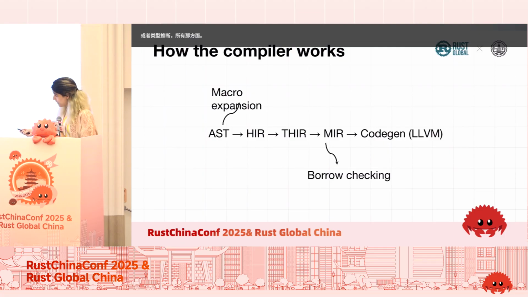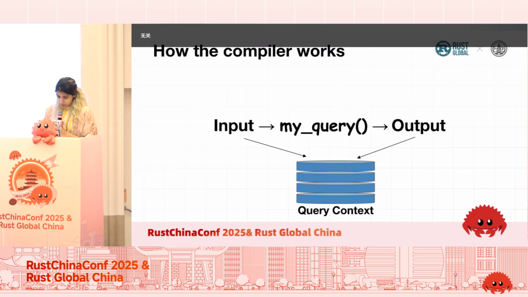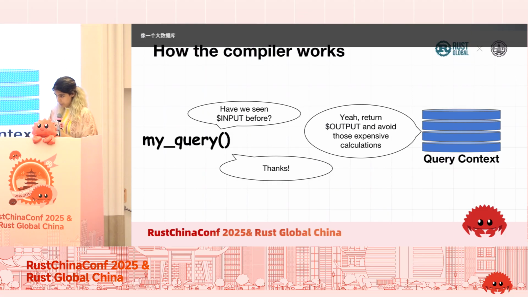Now, a very useful concept that powers the compiler is the existence of queries. These queries are a special kind of function that saves its inputs and outputs into a query context, like a big database, for later use. So if you run the query with the same input, it can just return the output without doing expensive computations several times unnecessarily.